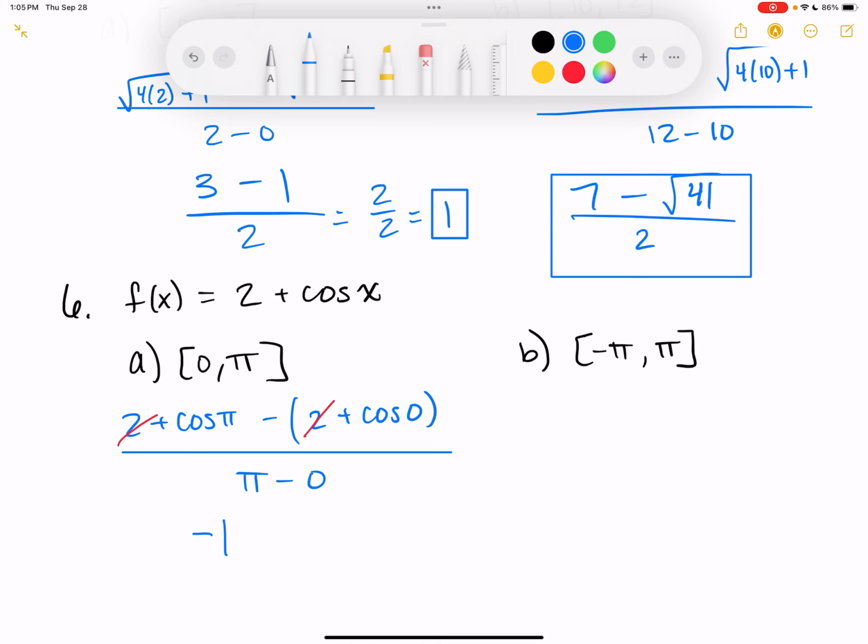Negative 1. Cosine of pi would be negative 1. Pi's over there. So negative 1 minus cosine of 0 is 1, over pi. So that's going to be negative 2 over pi.